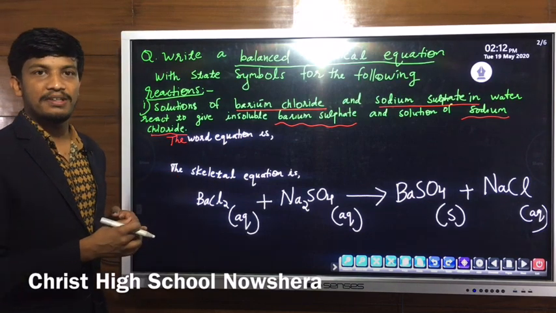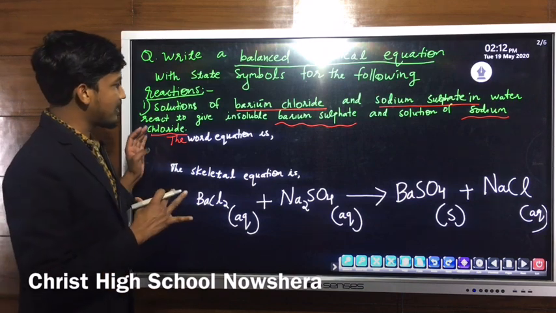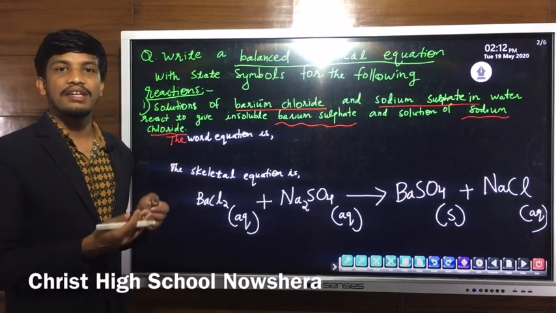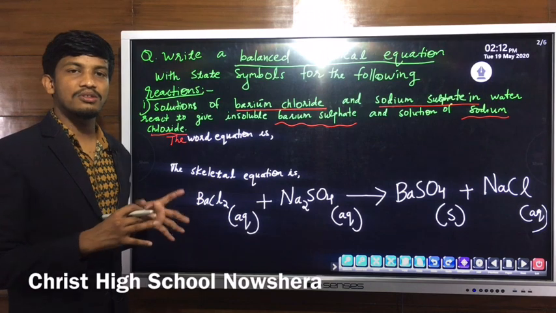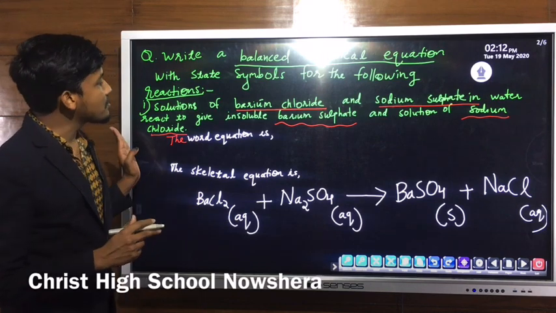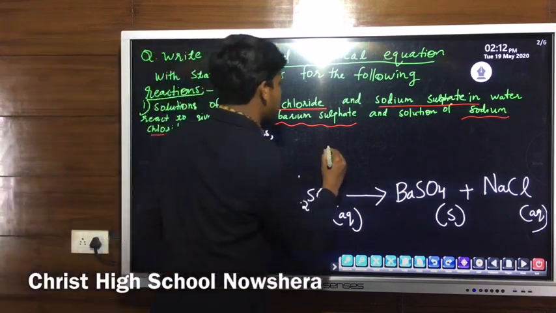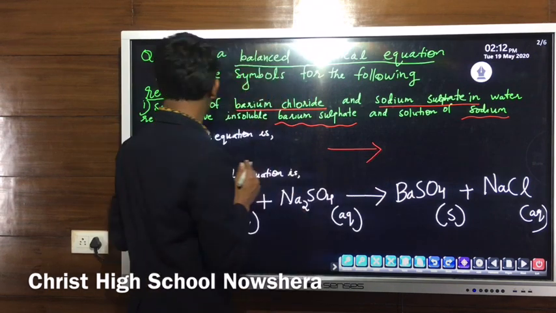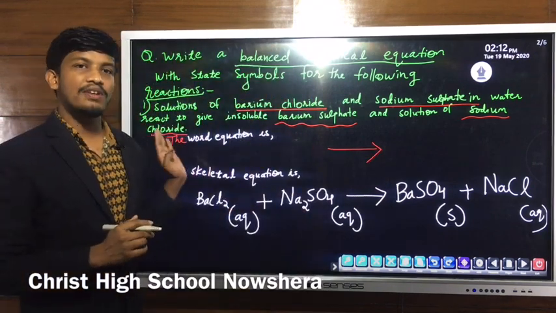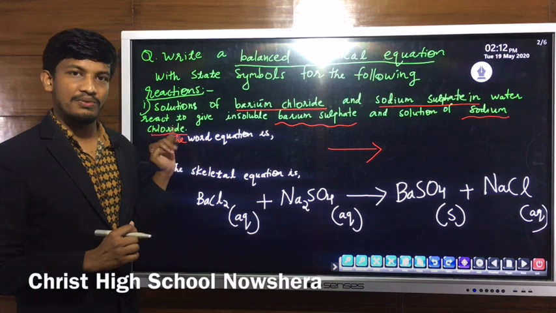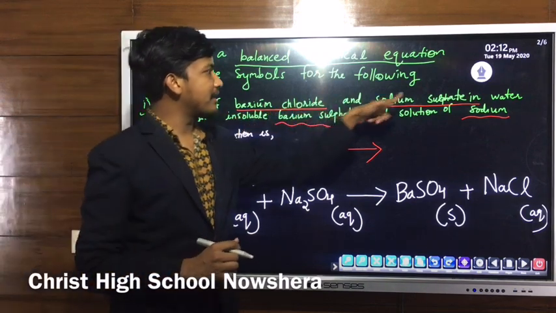Word equation means we write the names of reactants and products, not the chemical formula. On the left side of the equation we will write the names of the reactants. Which are the reactants? Barium chloride and sodium sulfate.